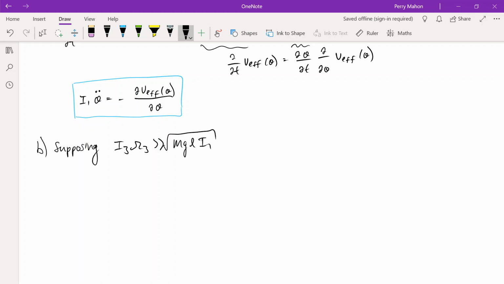This is the so-called fast top approximation, and we want to see how this affects the equations of motion found above.